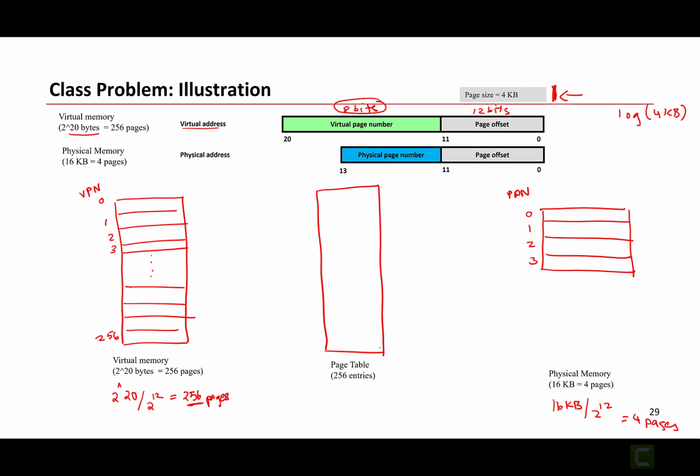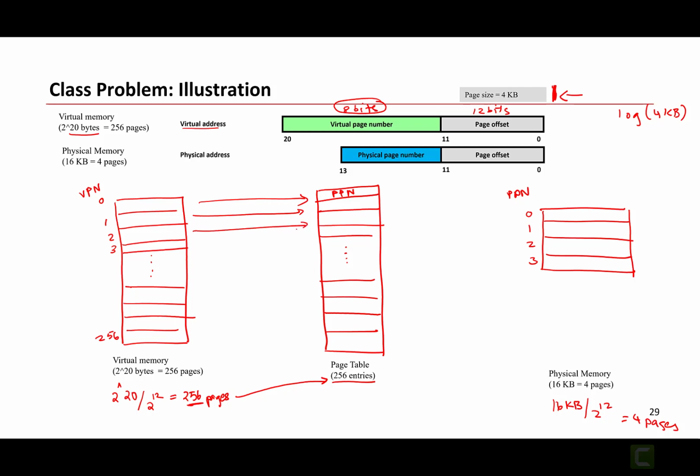So the number of entries in the page table would be same as the number of virtual pages. So we have 256 entries, one for each virtual page. Each entry consists of the physical page number that corresponds to that virtual page number. So there is a one-to-one correspondence between the virtual pages and the entry in the corresponding page table.